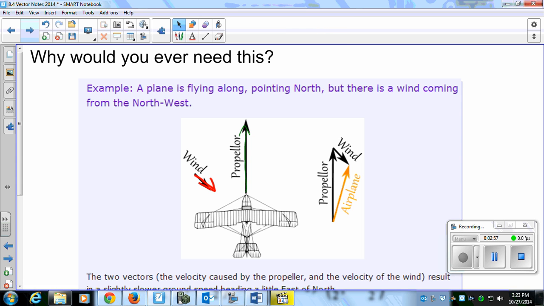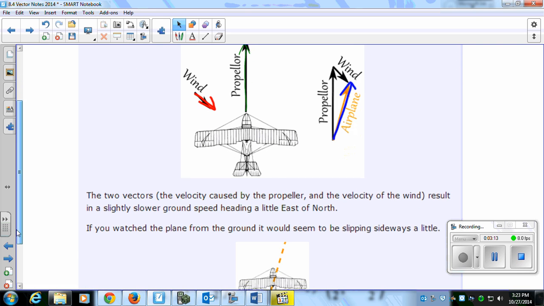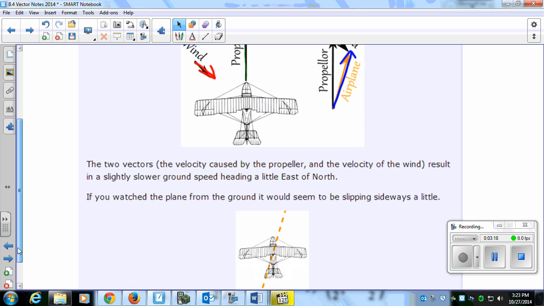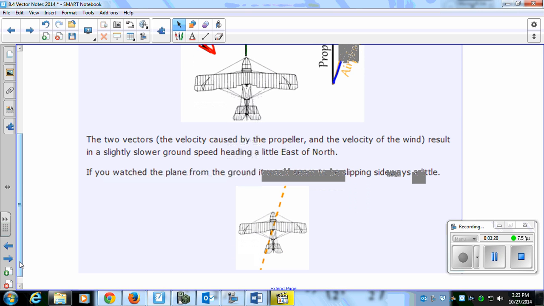So where the actual airplane ends up going is going to be affected by both vectors, the force pushing it forward and the wind pushing it backwards along that point. So lots of different applications for vectors, and we'll look at a couple here tomorrow.